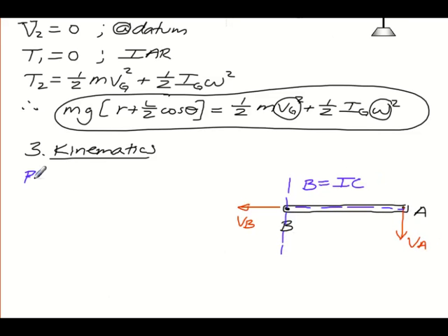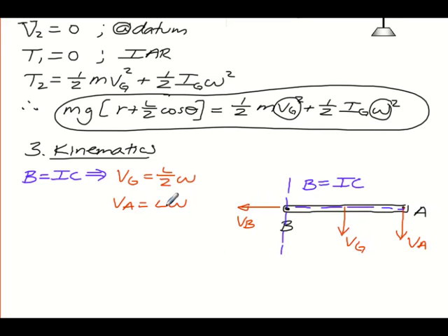So since B is the instant center, this implies that the speed of G is equal to L over 2 times omega, and also that VA is equal to L omega.